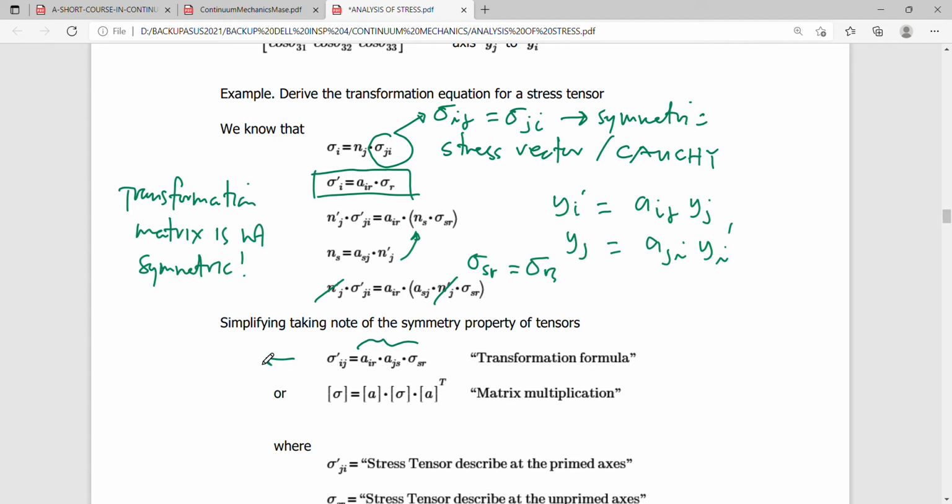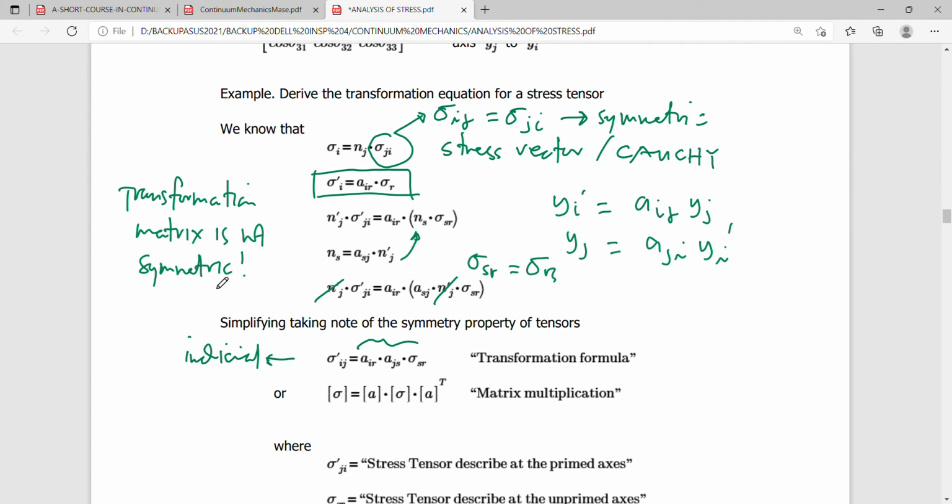This initial formulation can be converted to a matrix multiplication, or simply a dot product operation, by taking note that A and A here are simply the transformation matrix, but we have to place a transpose there so as not to have a different result, because again, as I have said, your transformation matrix is not symmetric.